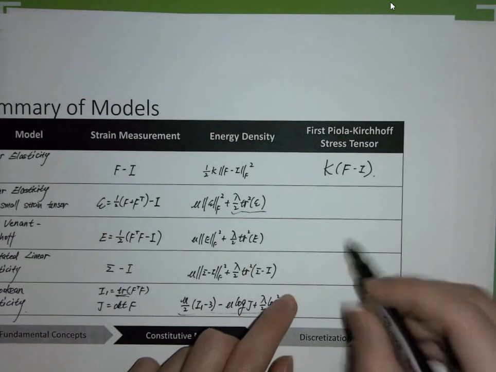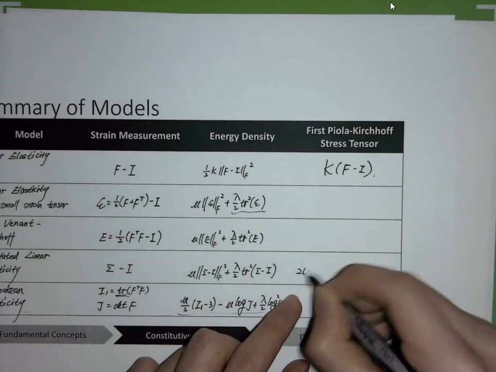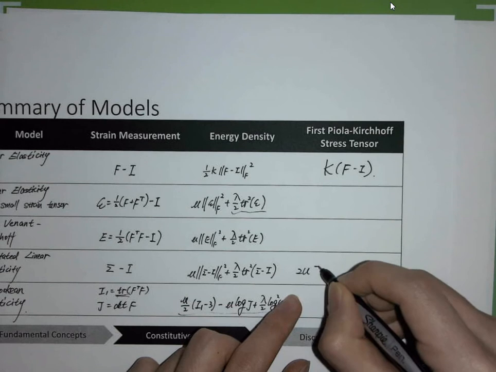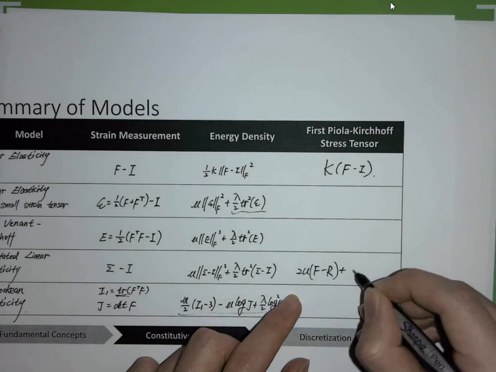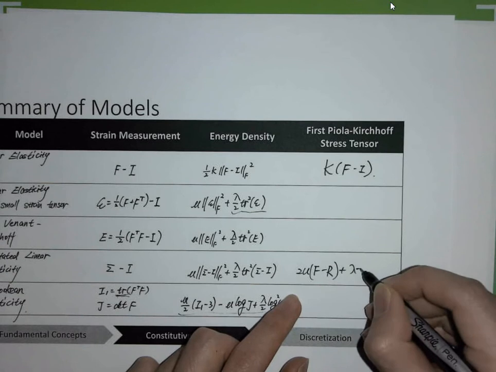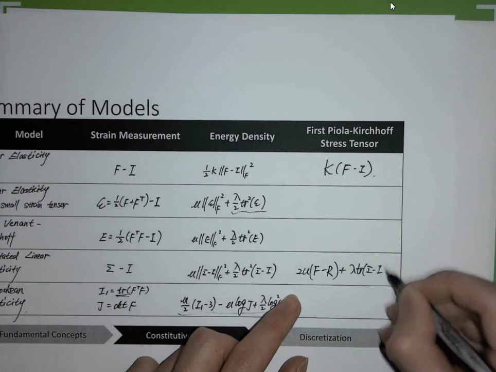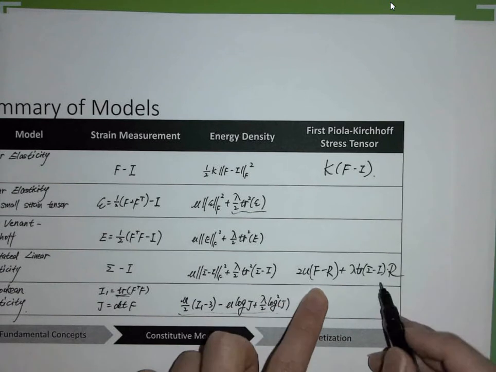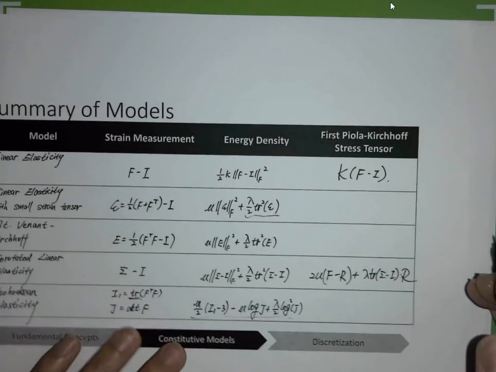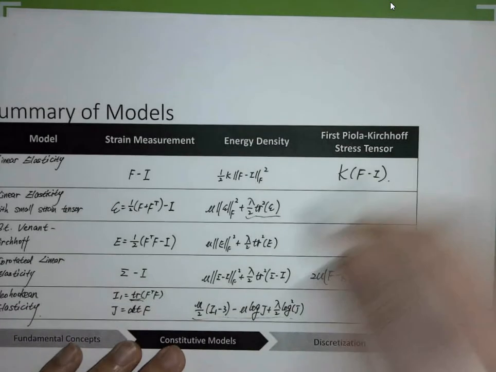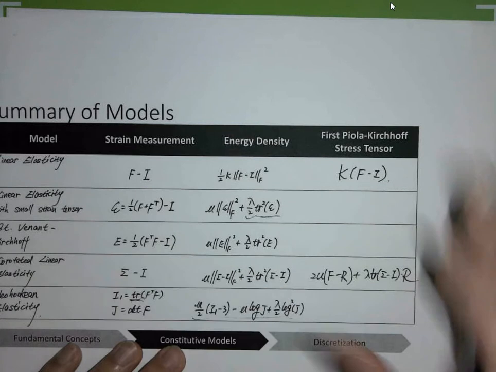I'm just going to write it down: 2 mu times F minus R plus lambda of trace of sigma minus I multiplied by R. This is my stress tensor, and if you Google it or search on Wikipedia, you can find a stress tensor for all kinds of those models. You don't need to do it by yourself.